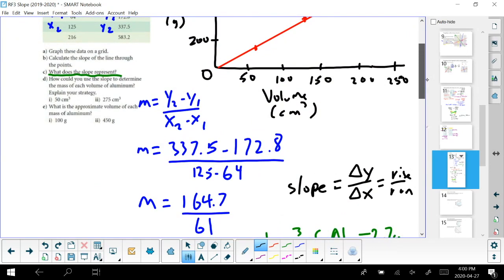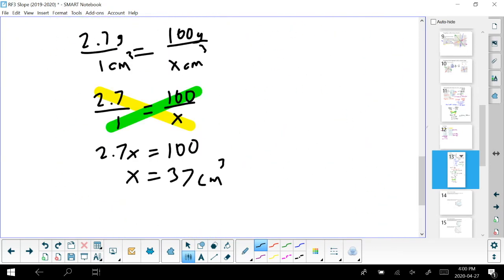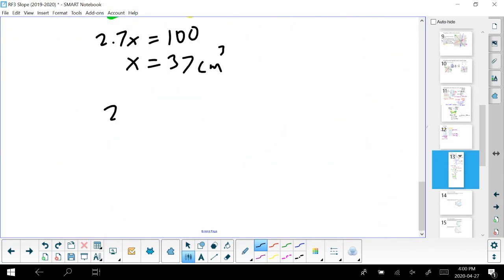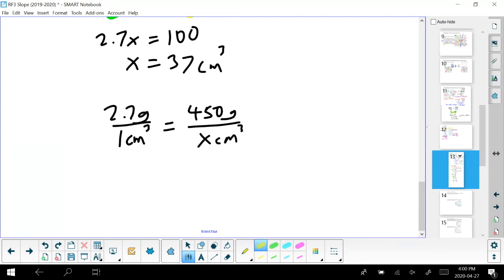And last but not least, if we have 450 grams, we're going to set up the same proportion. So we've got 2.7 grams per 1 cubic centimeter is equal to 450 grams over x cubic centimeters. Let's go ahead and cross multiply, and I've just gone ahead and dropped the units.